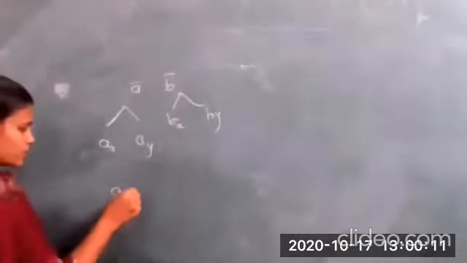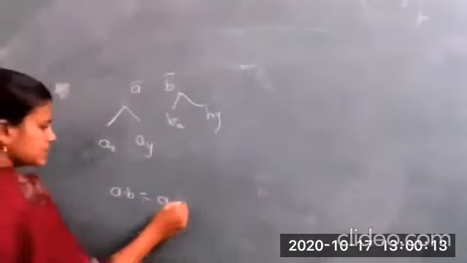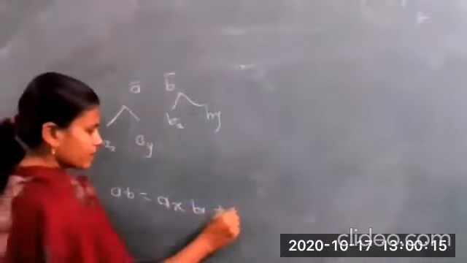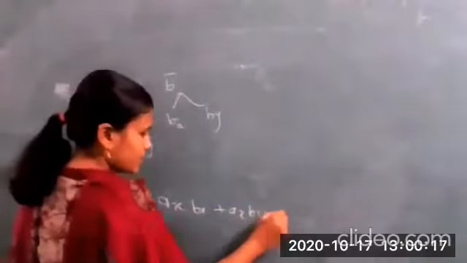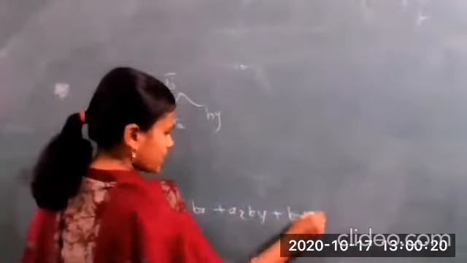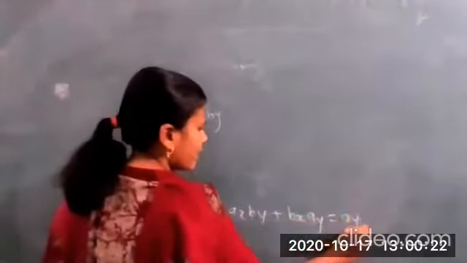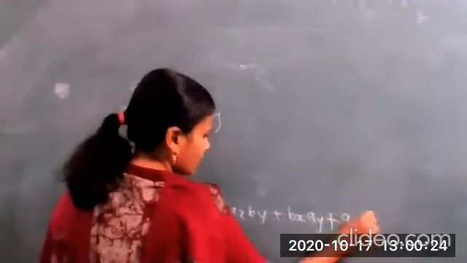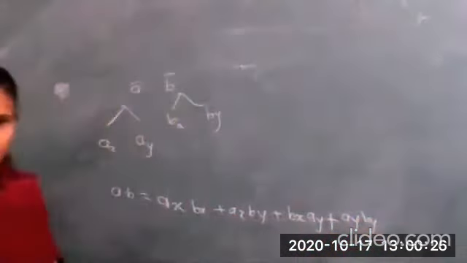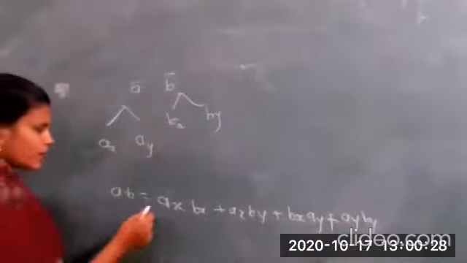Correct? Now if I want to write down the dot product, I have to write firstly AX BX, then AX BY plus BX AY, and finally AY BY.